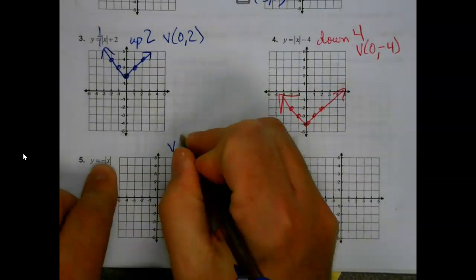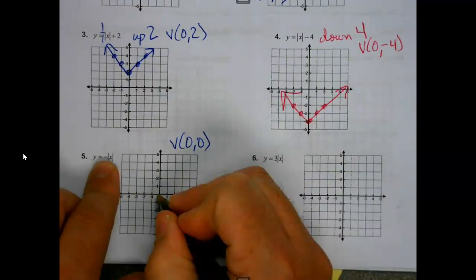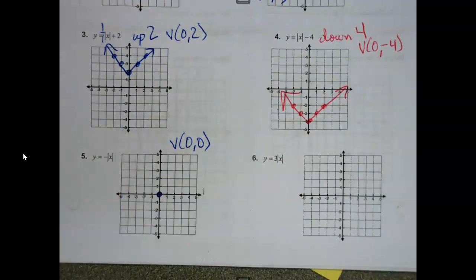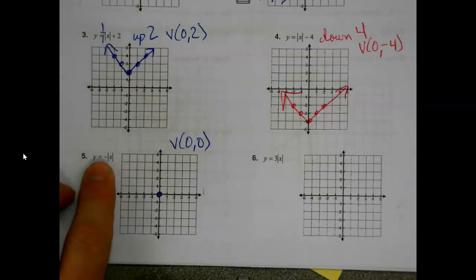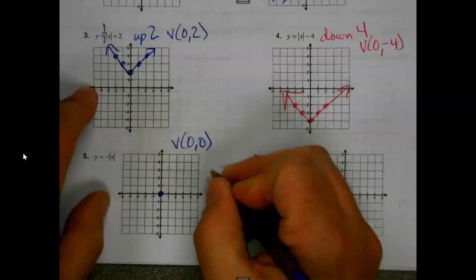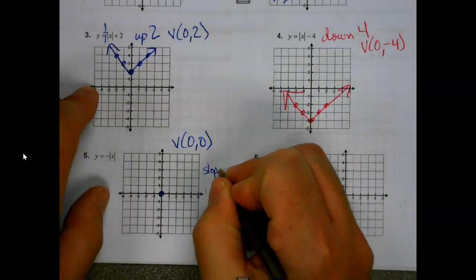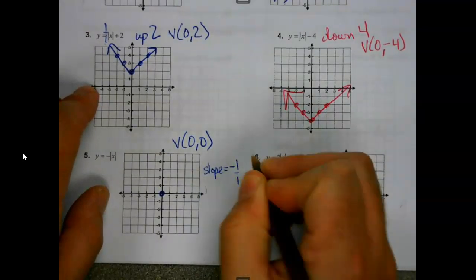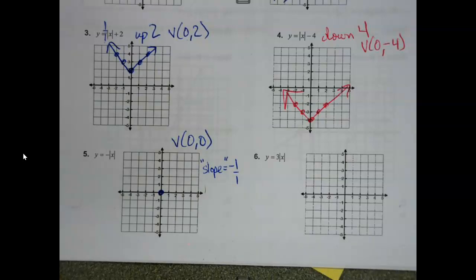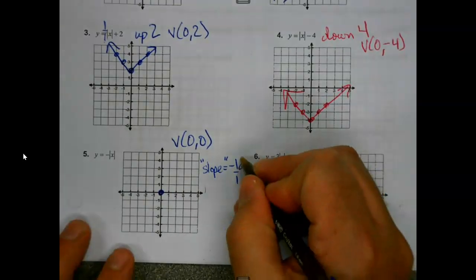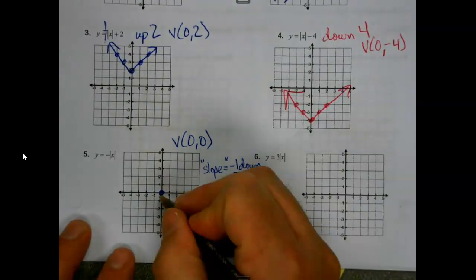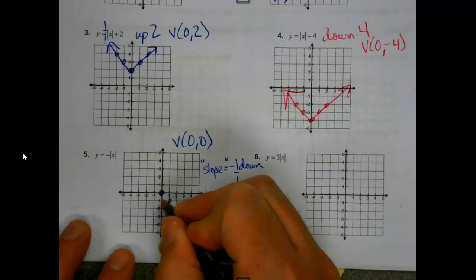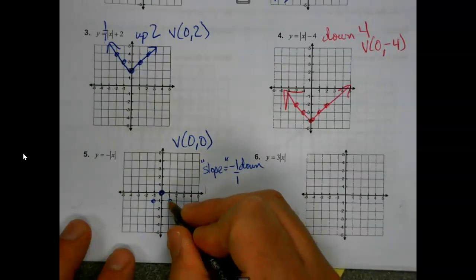So if there's no other transformations, I'm going to start at 0, 0. But that negative 1 slope now means instead of going up 1, I'm going to go down 1 and over each way.